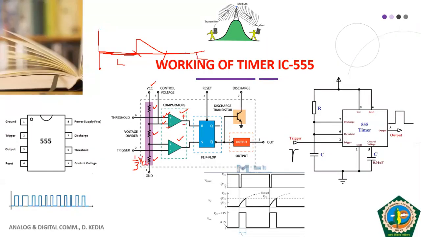By applying the voltage divider rule, the voltage across this second resistance is 2 by 3 VCC, 2/3 of VCC. So this is what we have present here. So at one terminal of these comparators, in one comparator we have voltage 2 by 3 VCC, and in another comparator we have voltage 1 by 3 VCC.